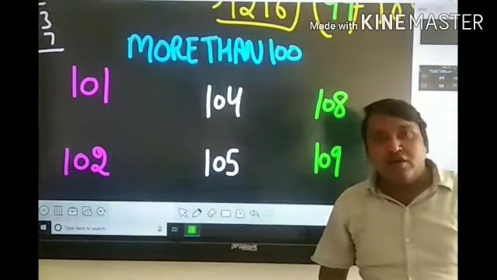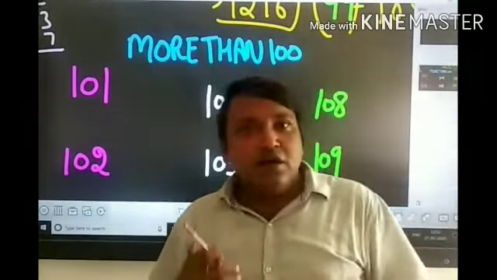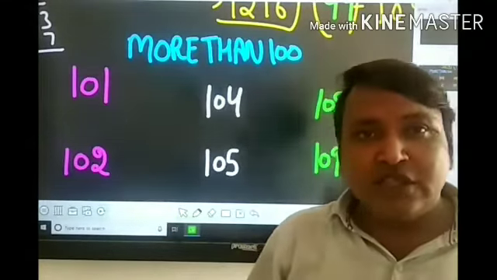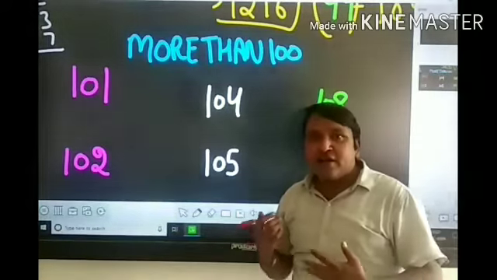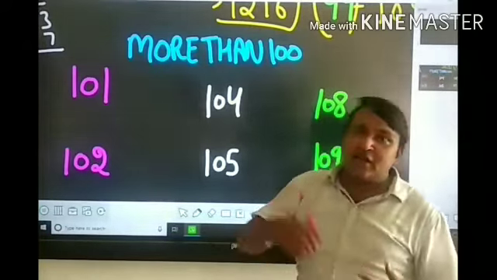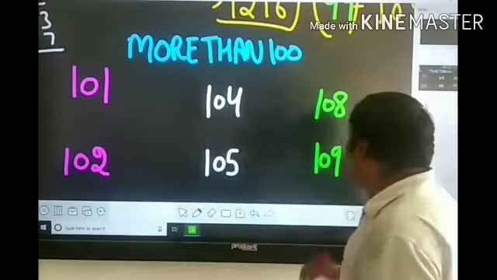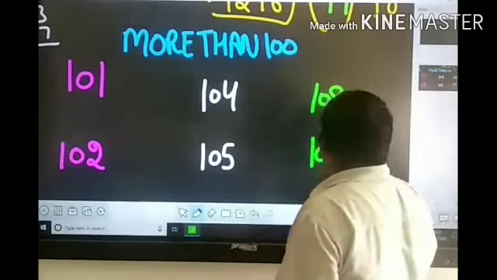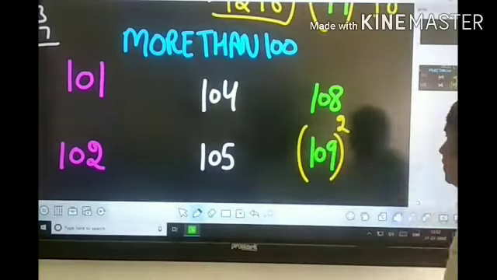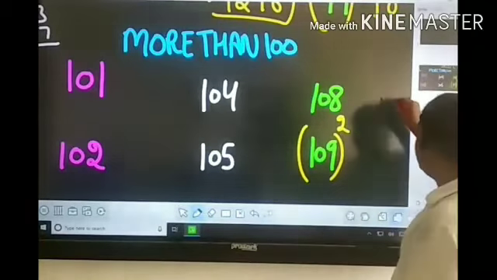Now in the second case, more than 100, here you will have to see how much more than 100 the number is. Okay, so that number will be your key factor. Here you will have to apply the same rule as in the subtraction part.